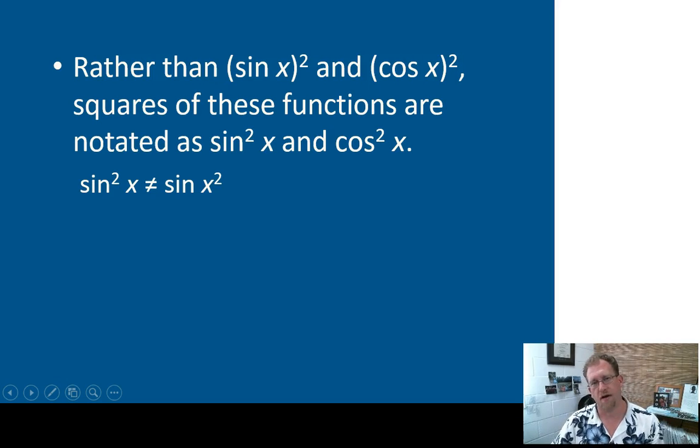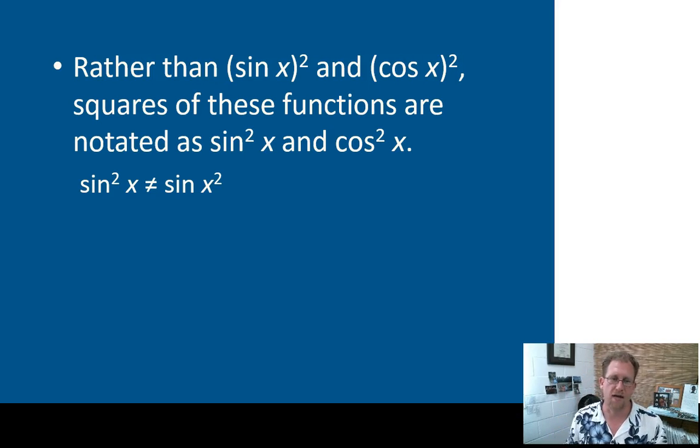First, just a little quick note on notation. If you have sine of x and you need to square that, you don't write the square at the end of the expression sine of x, because then you're saying it's the sine of x squared. We put the square at the end of the word sine so that it's clear that we're talking about squaring this function.